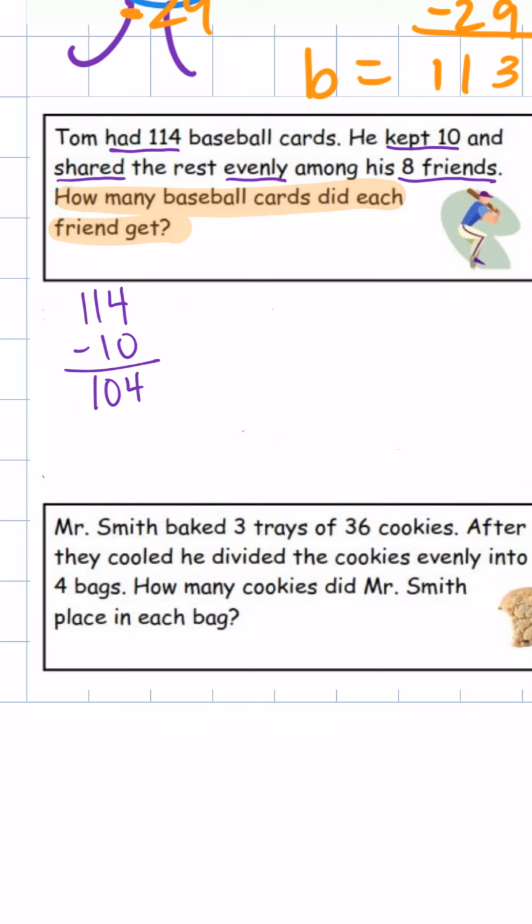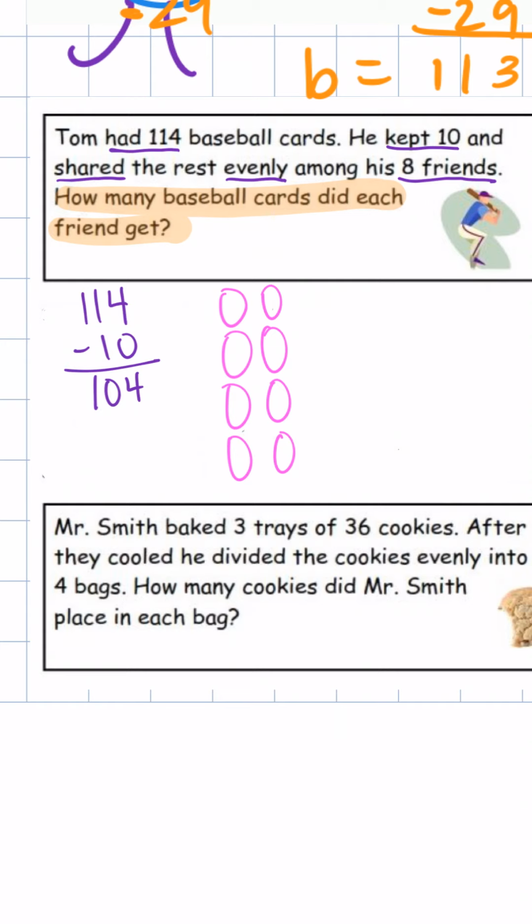So if we were going to think of this as a picture, there's going to be 8 friends, and they're going to get these split. Well, we don't want to do 104 tally marks, but we could start putting some into groups.